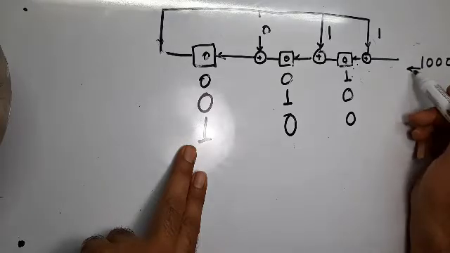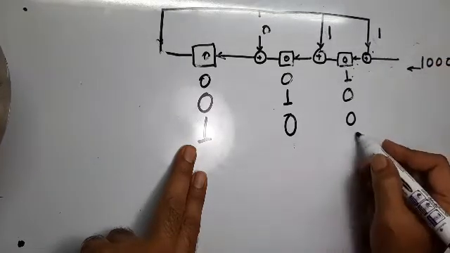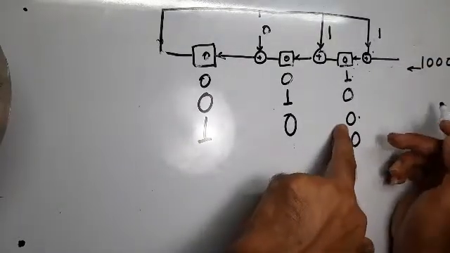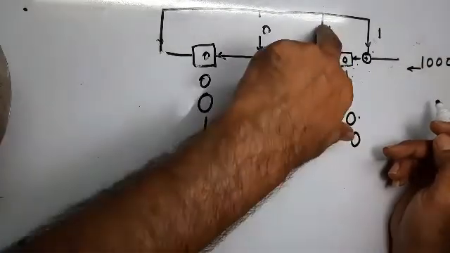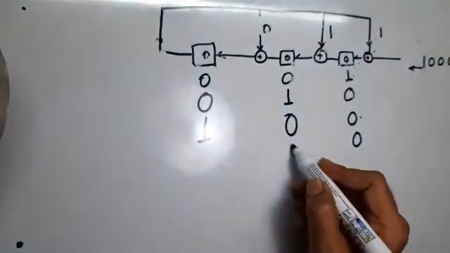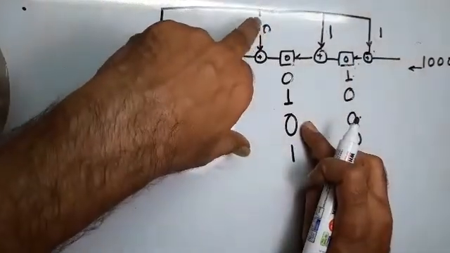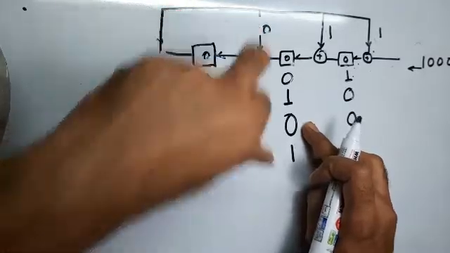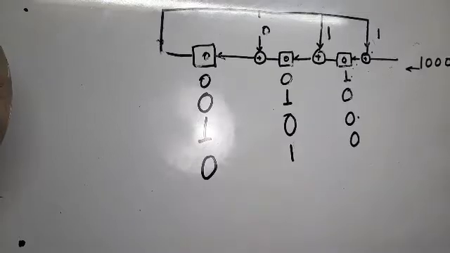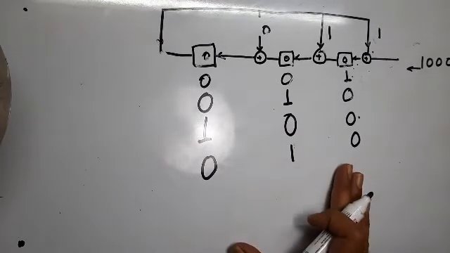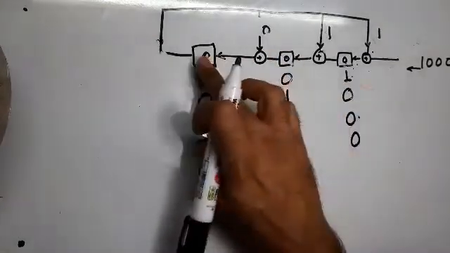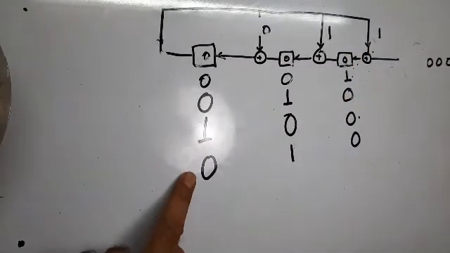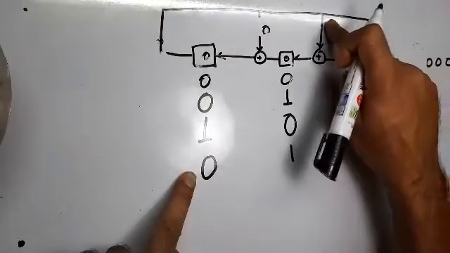This 1 gets inputted. This gets XORed with this 1. It becomes 0. Now what was the value before the fourth clock tick? It is 0. This 0 gets XORed with this 1. It becomes 1. What was the value before the fourth clock tick? It was 0. Since this 0 gets XORed with this 0, this becomes 0. So after the fourth clock tick, this is the status of these 3 registers. Before going for the next clock tick, this 0 will update these values.